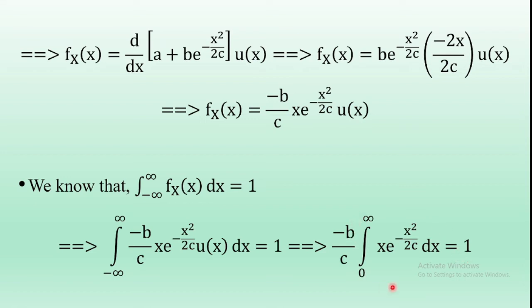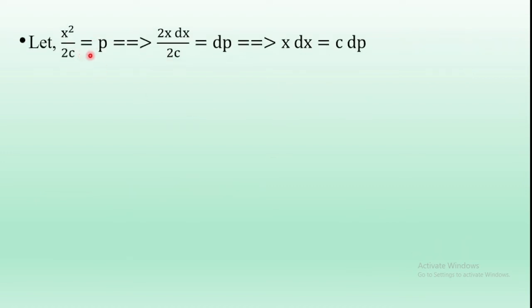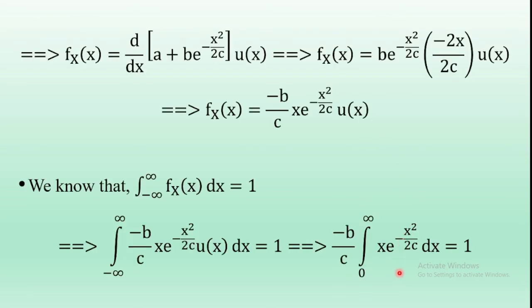After that, simplifying this integration, let us consider x square by 2c is equal to p. Differentiating with respect to p, 2x dx by 2c is equal to dp. On the LHS, 2 cancels in numerator and denominator, so x dx is equal to c dp. In this equation, the range of x is 0 to infinity.